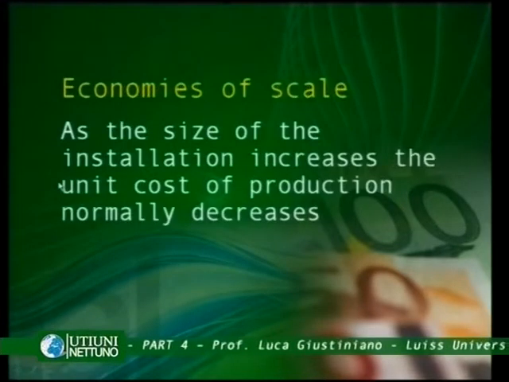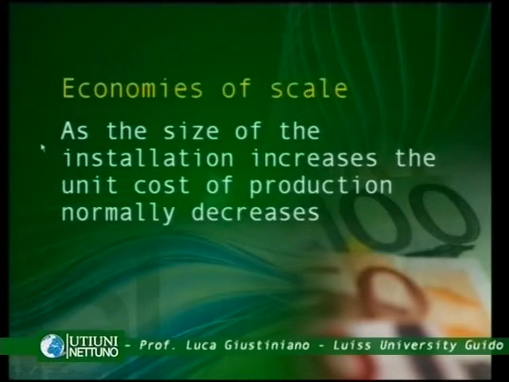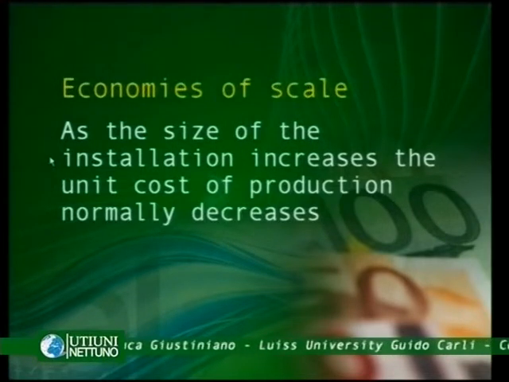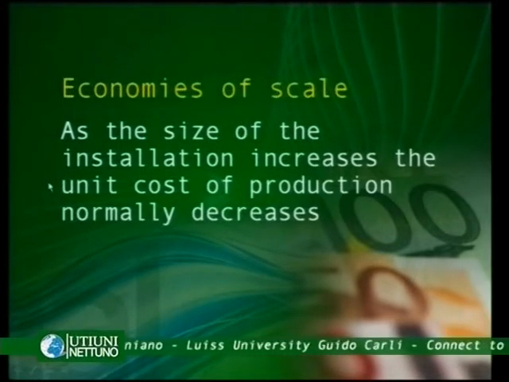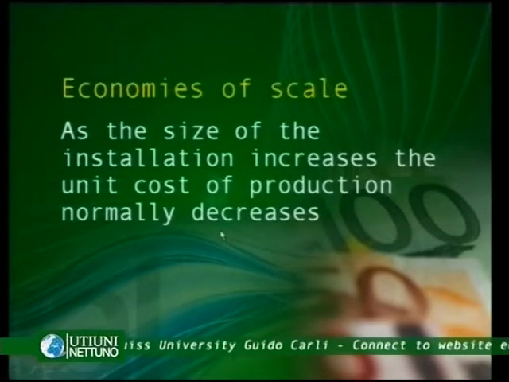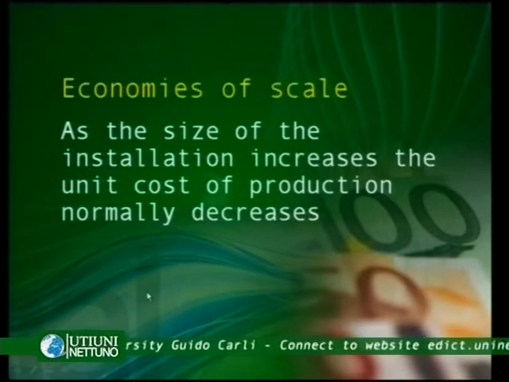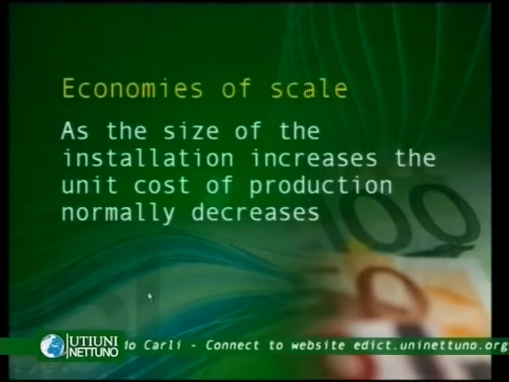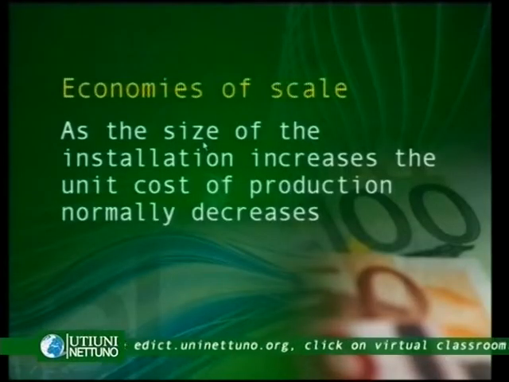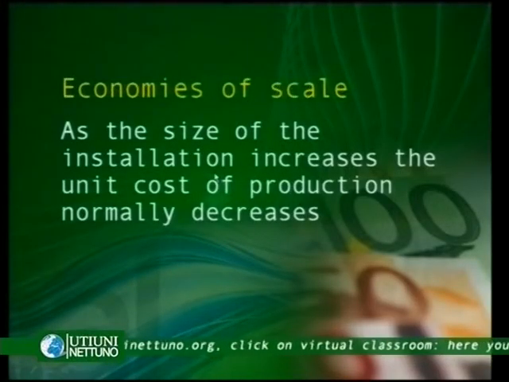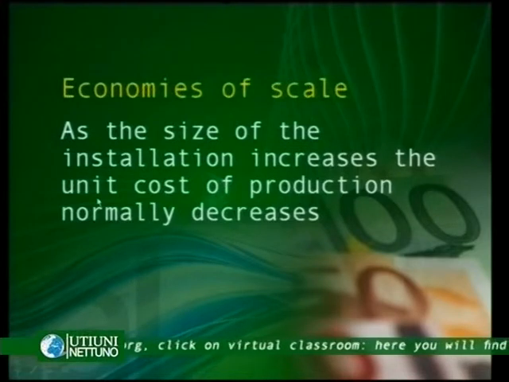Economies of scale. As the size of installation increases, the unit cost of production normally decreases. Now, what is important to depict is the action of the size of the installations on the unit costs.